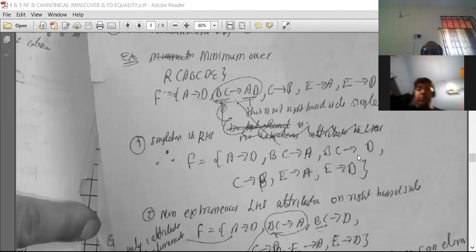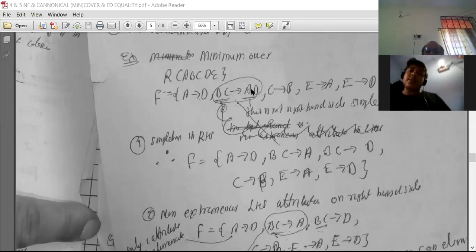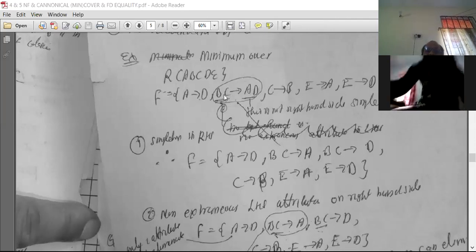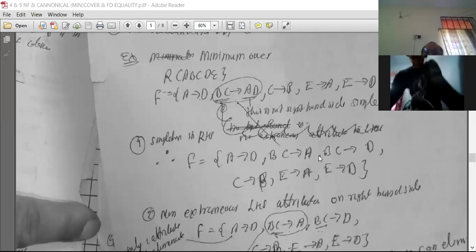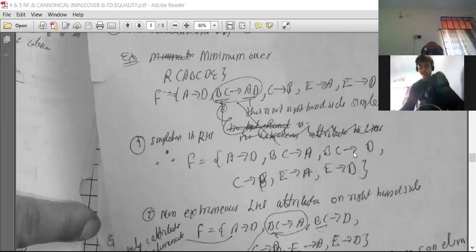I am saying that if there are two attributes at the right hand side, we have to break that, that means BC tends to A and BC tends to D. So I have written here BC tends to A and BC tends to D, and the other dependencies are written as they are: C tends to B, E tends to A, and E tends to D. Only one functional dependency had two attributes at the right hand side, and we have separated them.